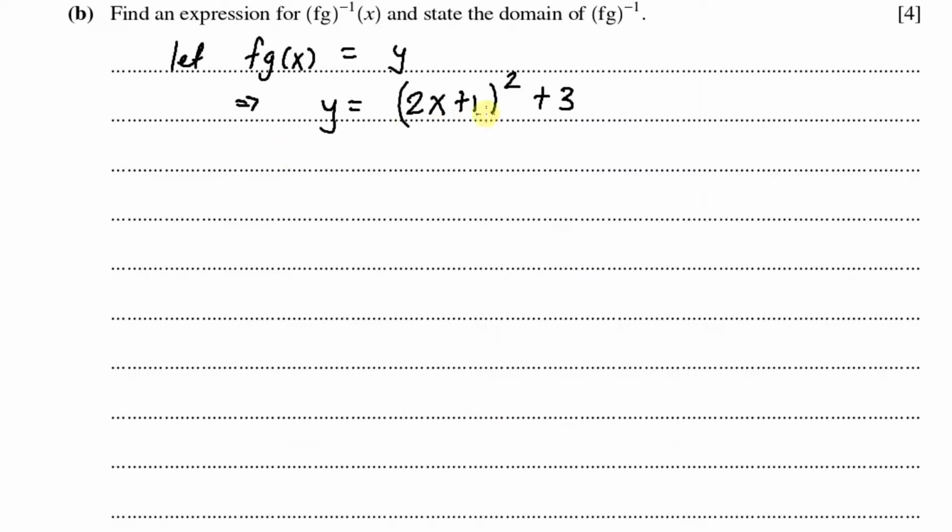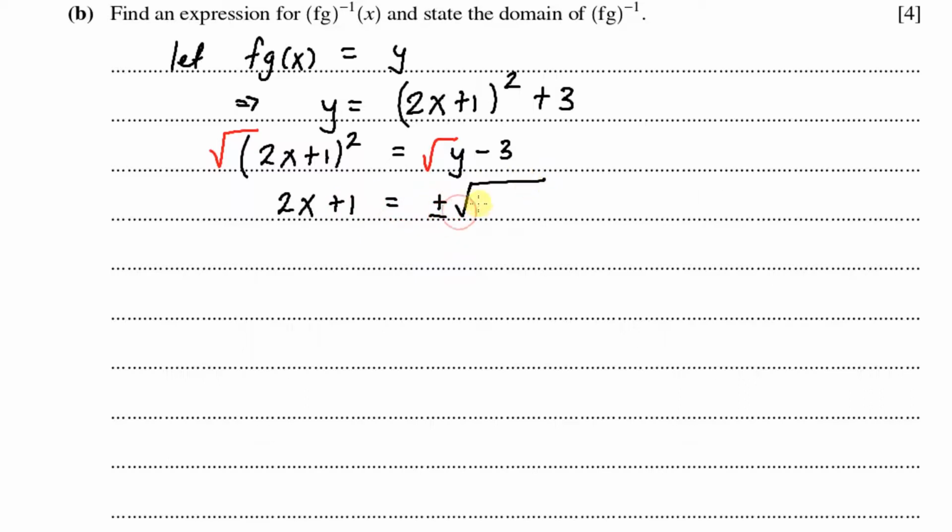So from here, we're going to make x the subject. This is going to be 2x plus 1 squared is equal to, subtracting 3 from both sides, y minus 3. And from here, if I square root both sides, then it means I'll be having 2x plus 1 is equal to plus or minus the square root of y minus 3.